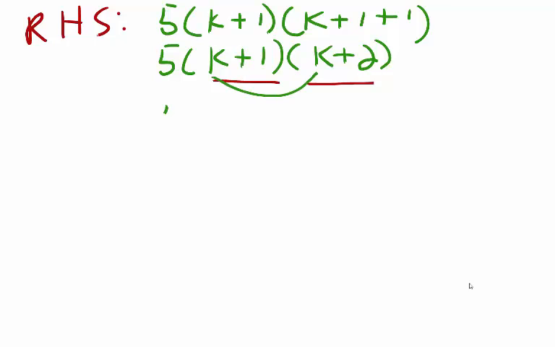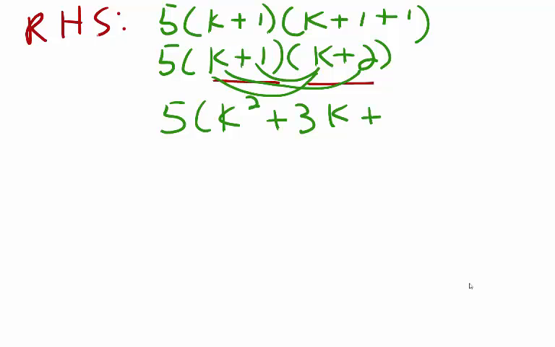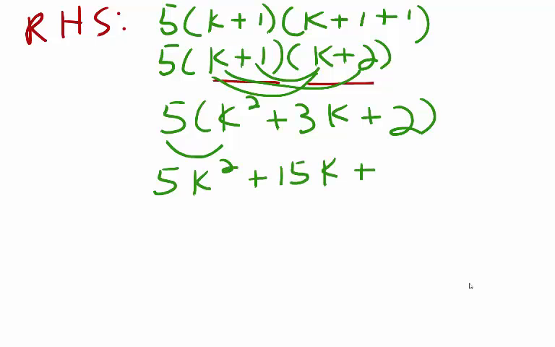So we have 5 times k squared plus 2k plus 1k, which gives us 3k plus 2. Now, distributing our 5, we have 5k squared plus 15k plus 10.